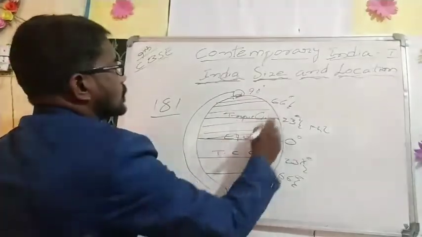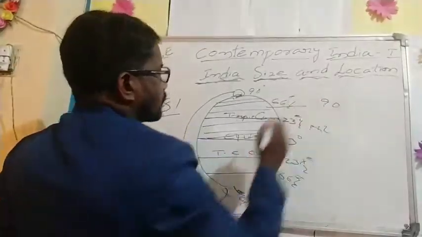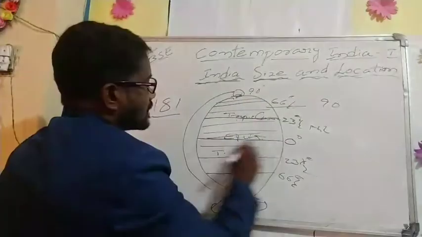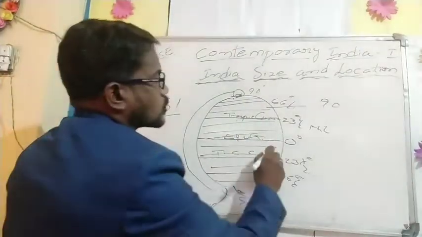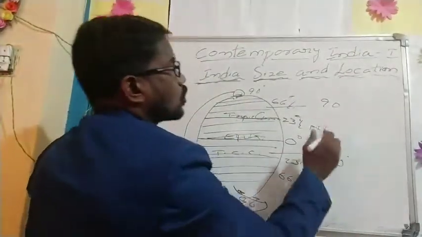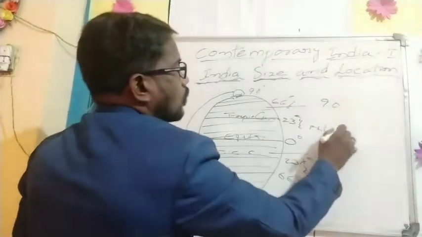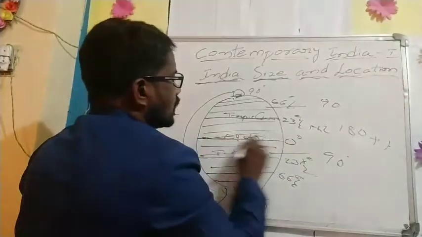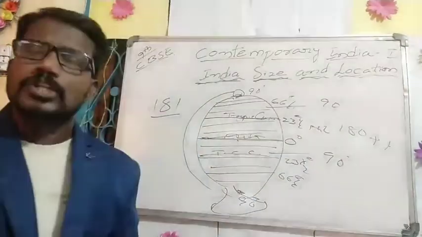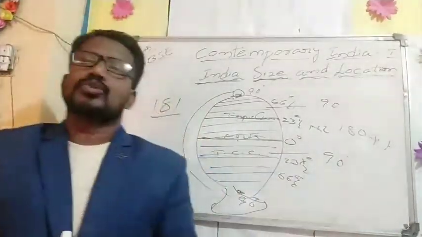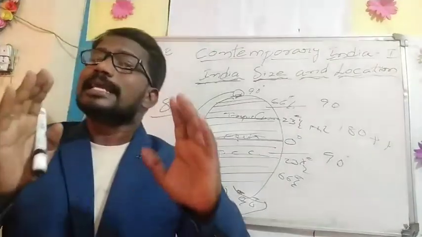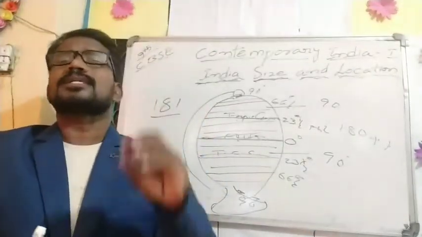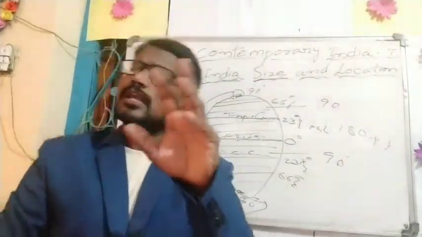The total is 90. At the same time, in the southern hemisphere also 90. So 90 plus 90 is 180, plus 1. The 1 is the 0 degree latitude, the equator. That is why the total latitudes are 181. So this is the small information about the latitudes.